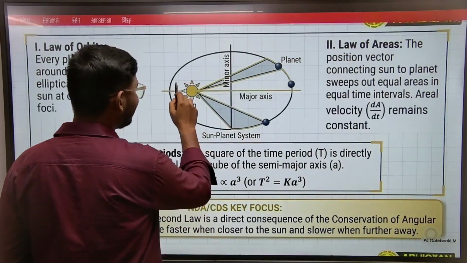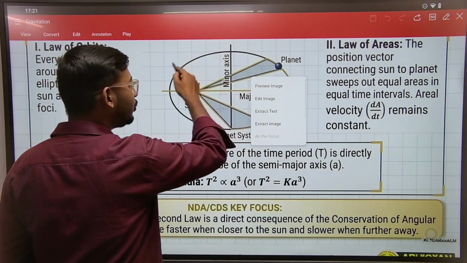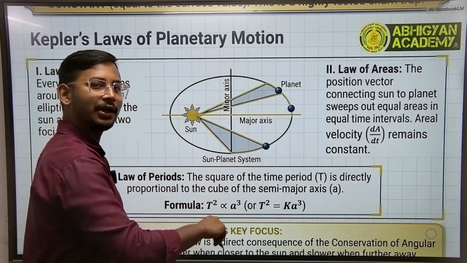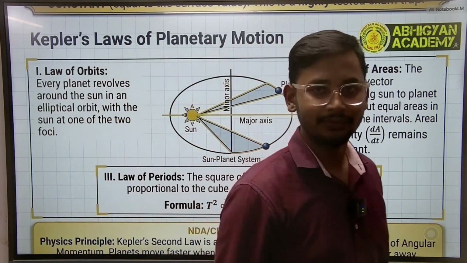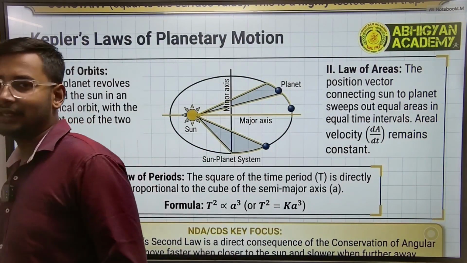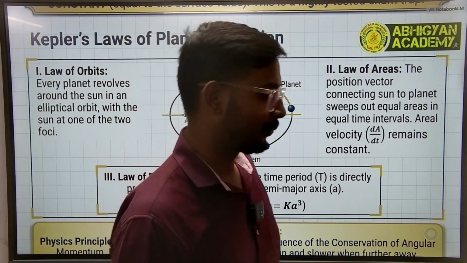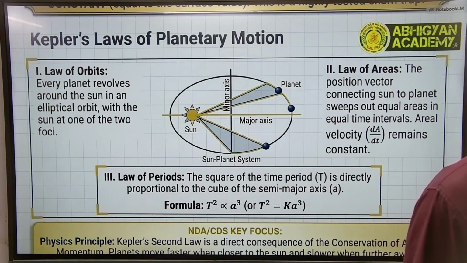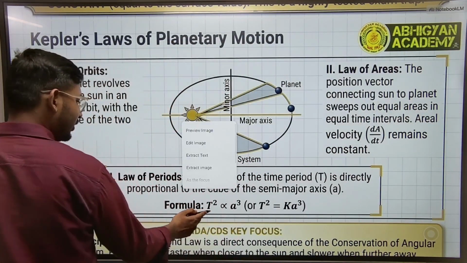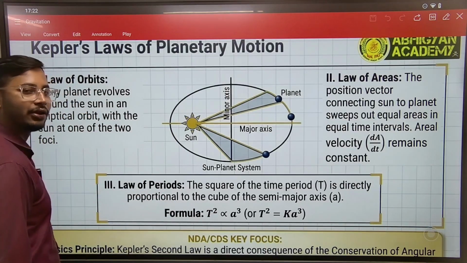Let's say this is A. अर्थ पूरा घूम के उसी पोजीशन पे आने के लिए जितना टाइम लगेगा, that will be the time period of the earth. और एक प्लेनेट घूम के उसी पोजीशन पे आने के लिए जितना टाइम लगाएगा, that will be the time period of that planet. Now, according to the third law of Kepler, the square of the time period is directly proportional to the cube of the semi-major axis.